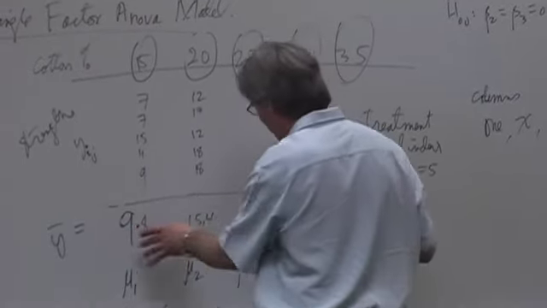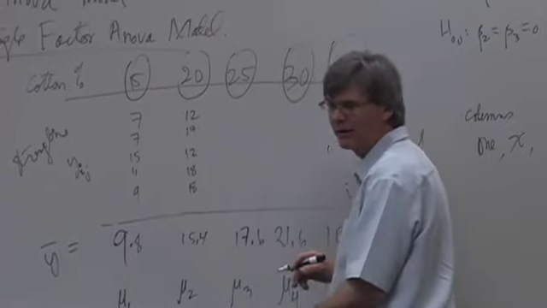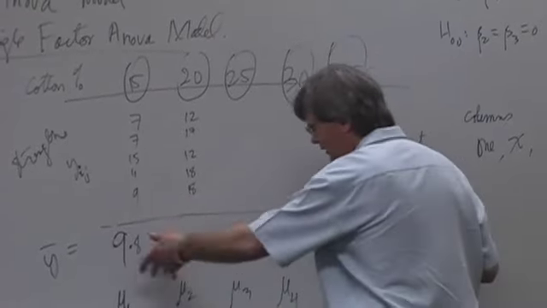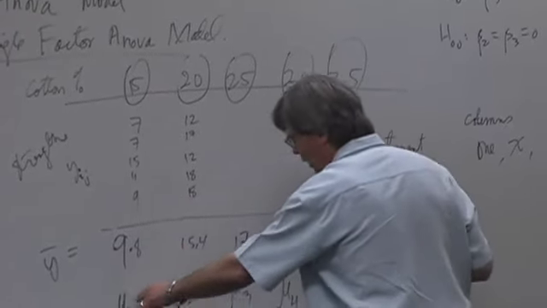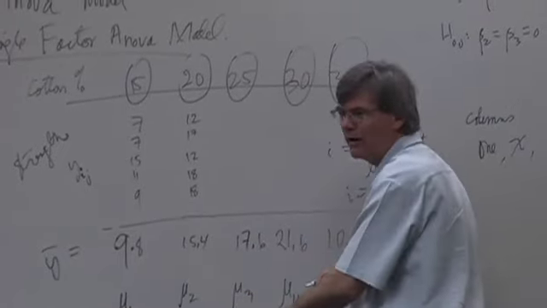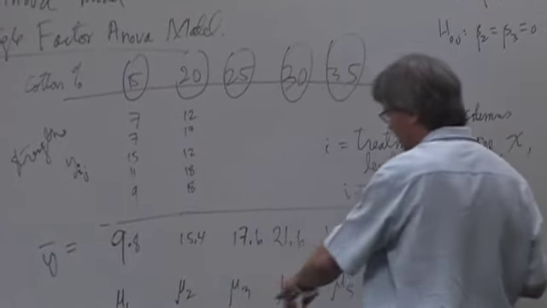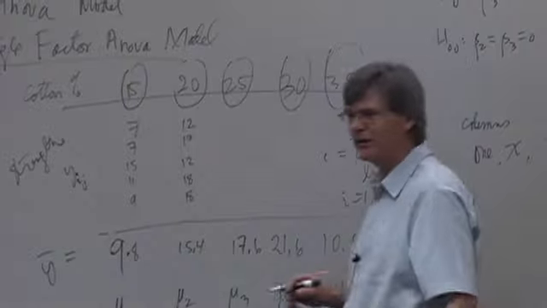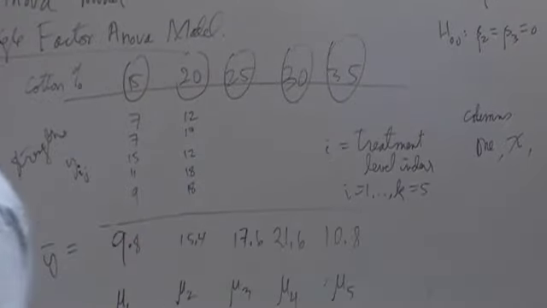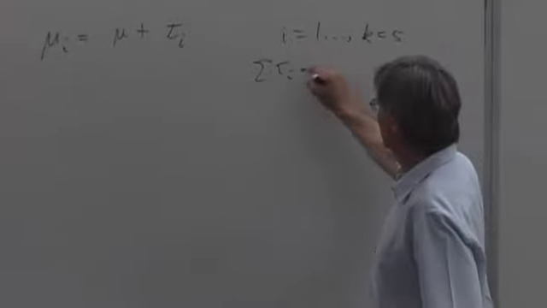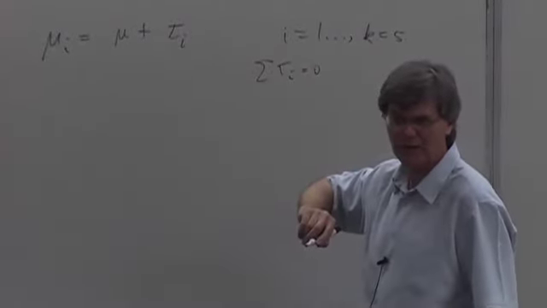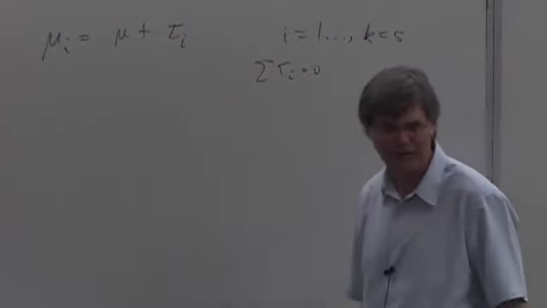So there's some mysterious grand mean, and then mu1 equals mu plus tau 1, mu plus tau 2, mu plus tau 3, mu plus tau 4, mu plus tau 5. That's 6 parameters. We're out of time. So what you have to do here is put summation tau i equal to 0. With this parameterization, you have to put a constraint on it.